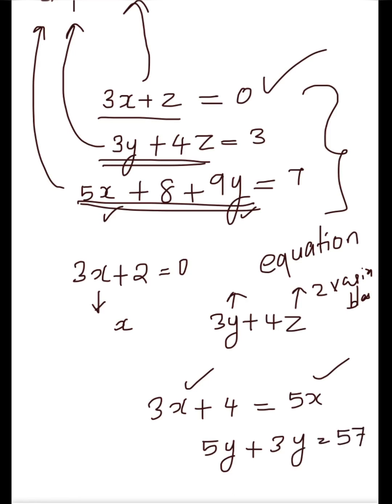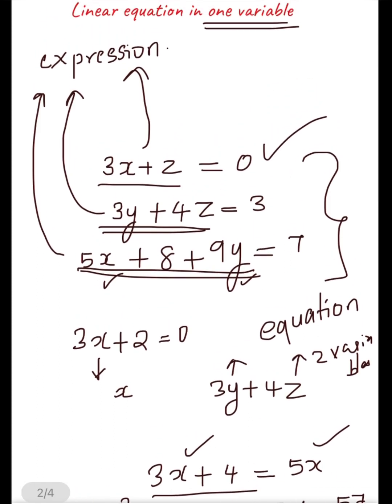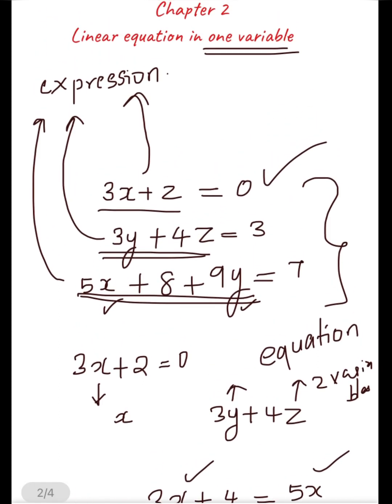This is again an equation in one variable. Or 7y equals 0. This is again an equation in one variable. In all these cases you can see only one variable is there in the equation. So in this chapter we will be dealing with only equations in one variable. So now you understood what you mean by equation in one variable.